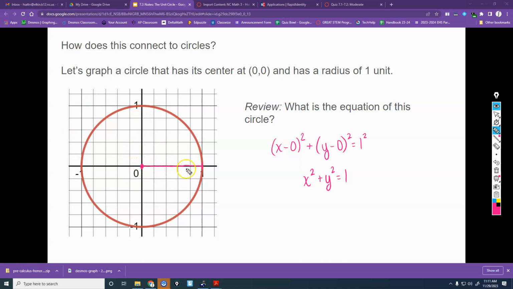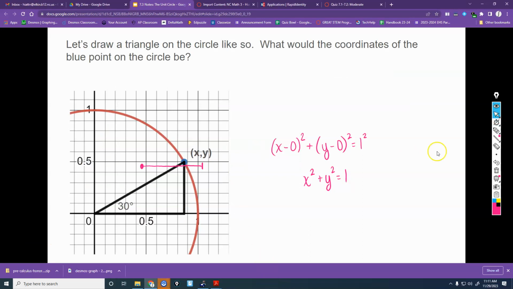So we are going to take this circle right here, and we're going to put some triangles on the circle. All right. So what I have done, I'm just looking at this first quadrant, so I sort of zoomed in here. And I drew a triangle here that has this angle right here is 30 degrees.